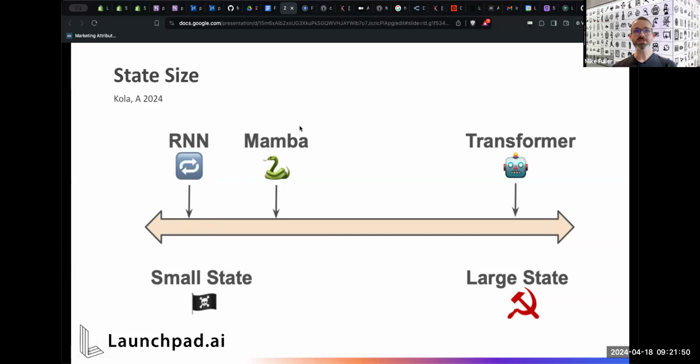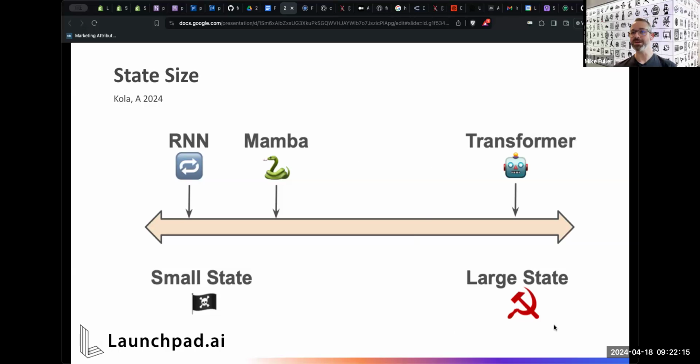Mamba has a compressed state, but it's selective about what goes in it. So Mamba is kind of saying we can get away with a small state if the state is well focused on effective representation and how we selectively and dynamically compress it. So it's kind of like a compressed state.